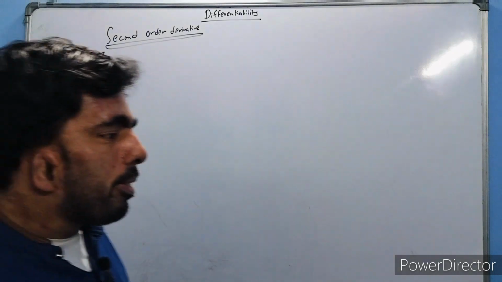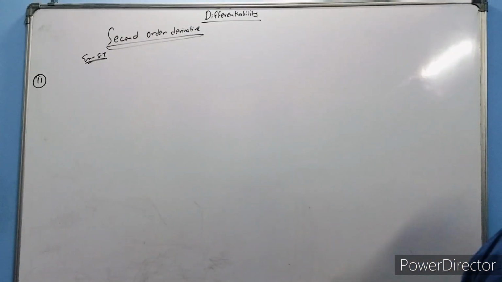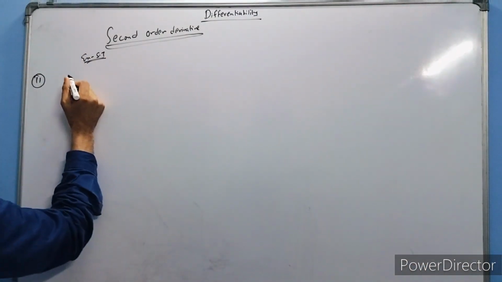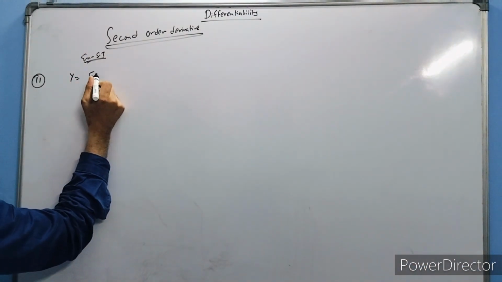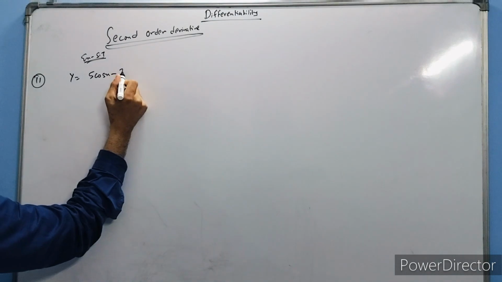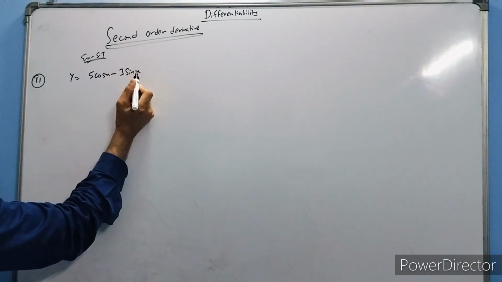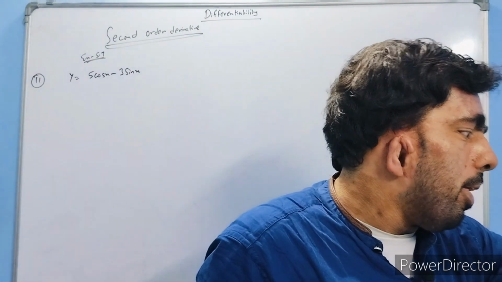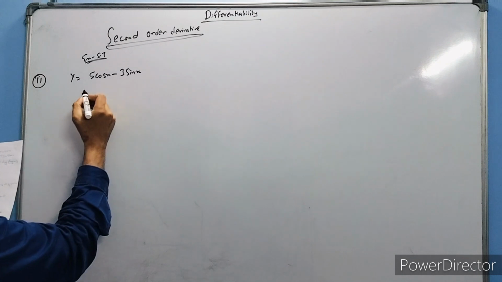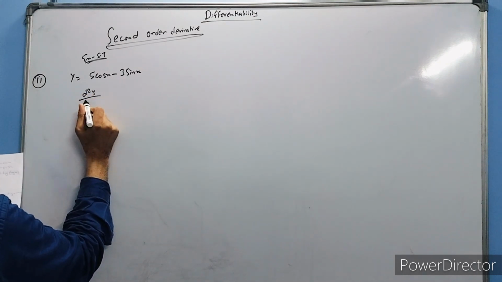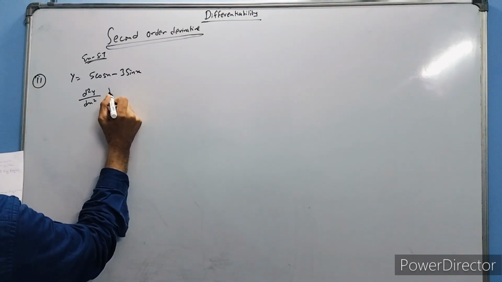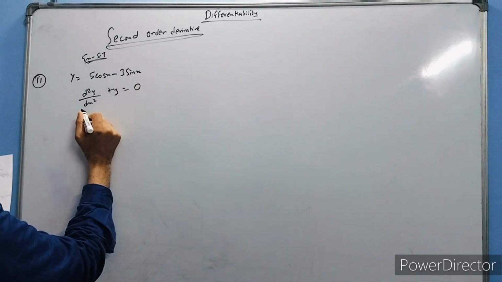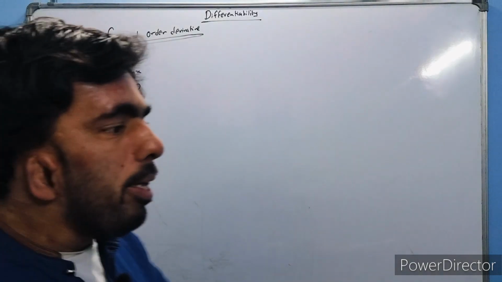It says, if y is equal to 5 cos x minus 3 sin x, we need to prove that d2y upon dx square plus y is equal to 0.